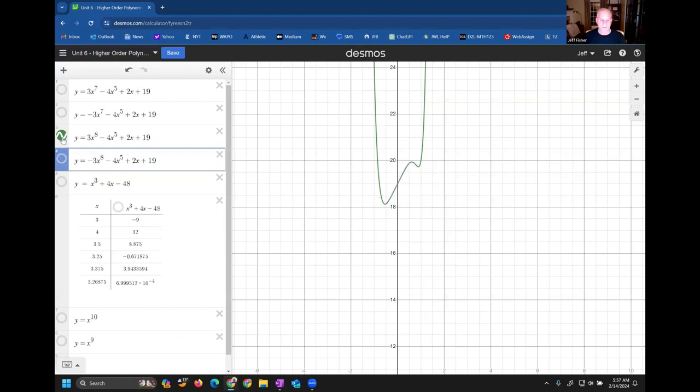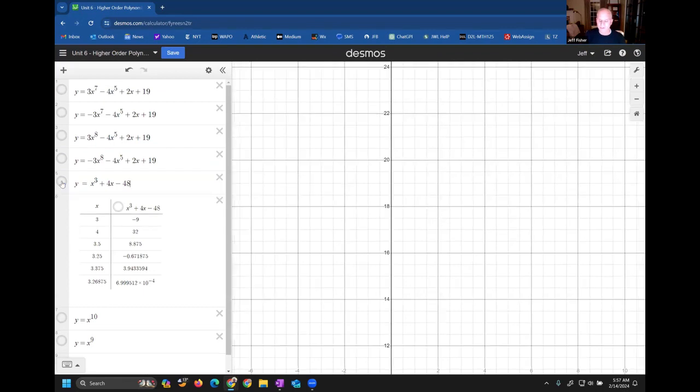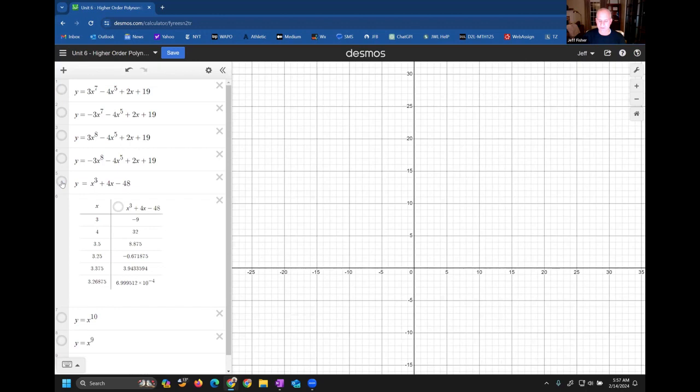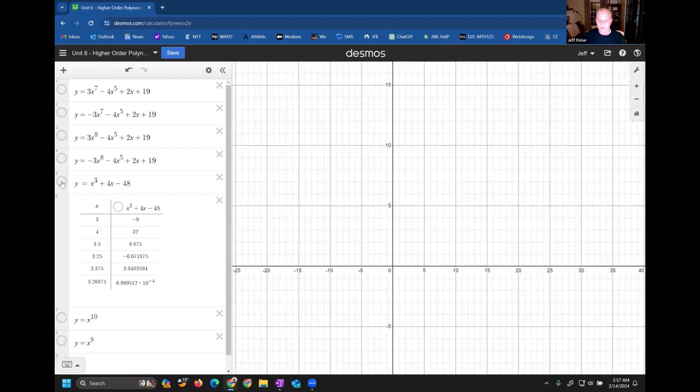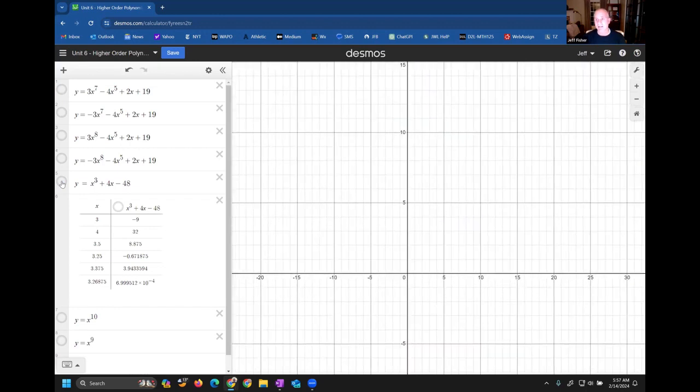So first of all, before I turn this one on right here, this x cubed plus 4x minus 48, what do you think it's going to do? Do you think it's going to go up on the left and up on the right, which means it's going to go, if you can see my mouse, like this?